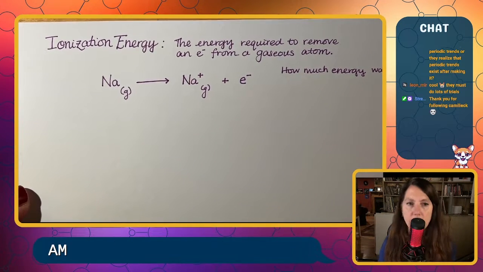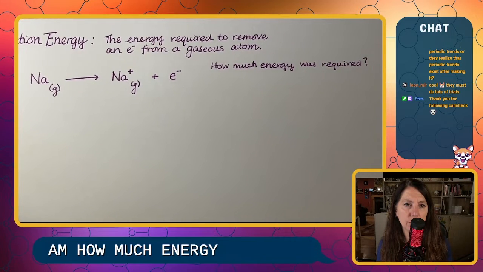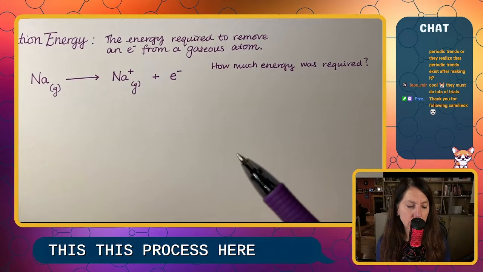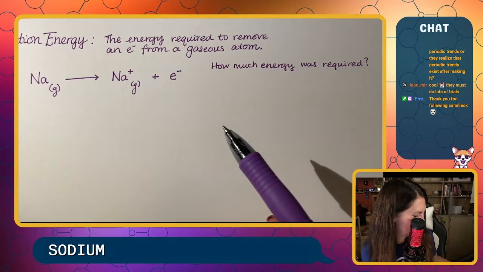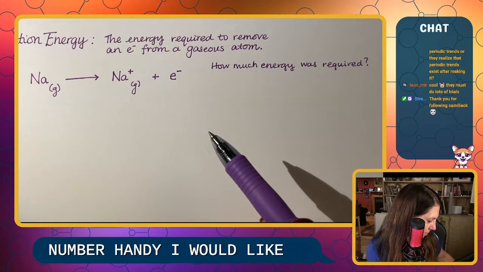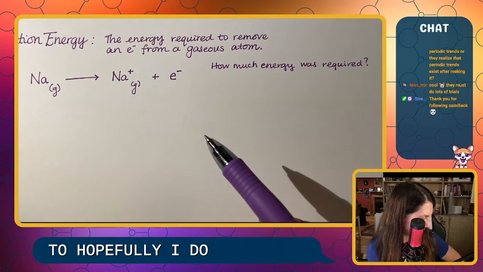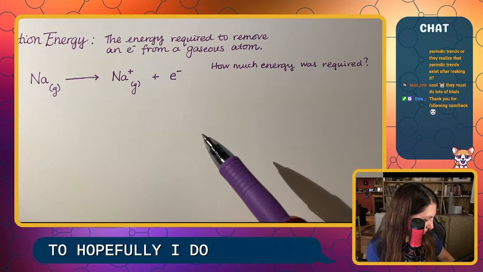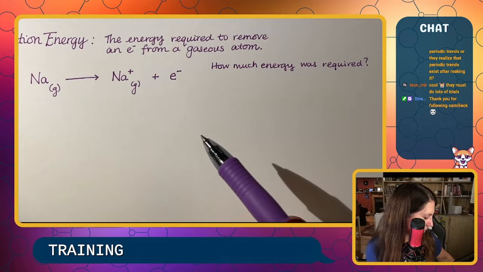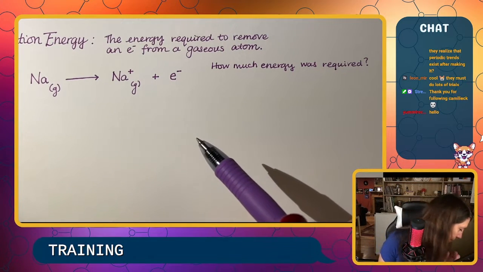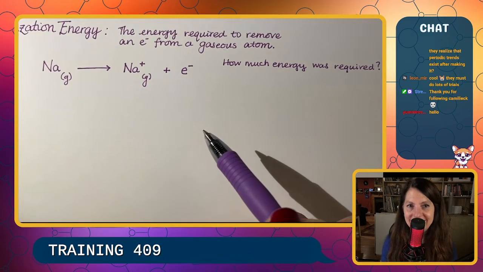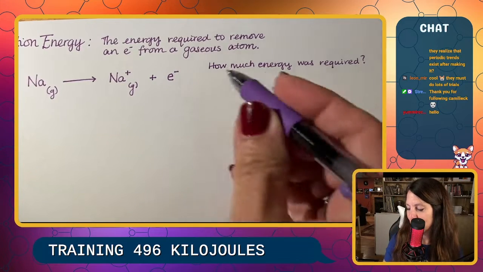Okay. How much energy was required to do this process here? Okay, for sodium, do I have that number handy? I should. Hopefully I do. Also doing some page turning. 496 kilojoules per mole.